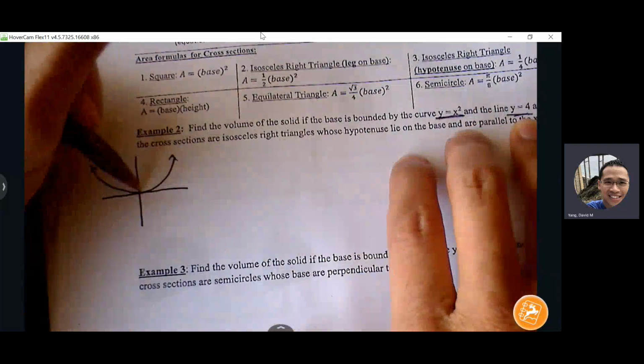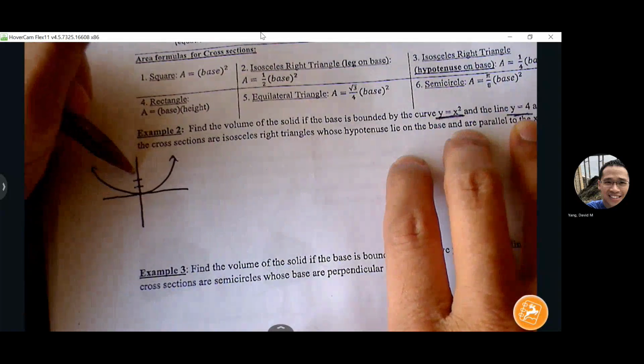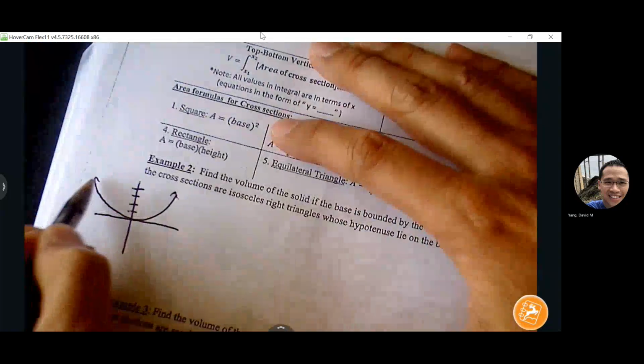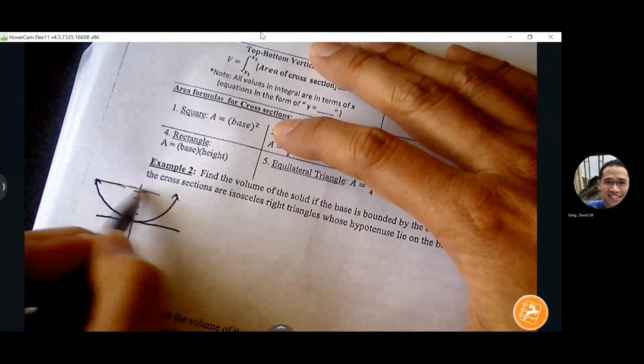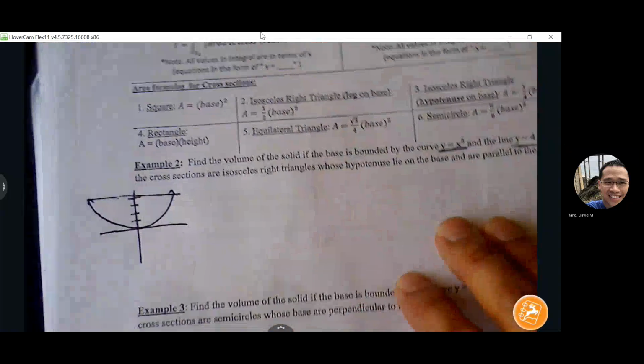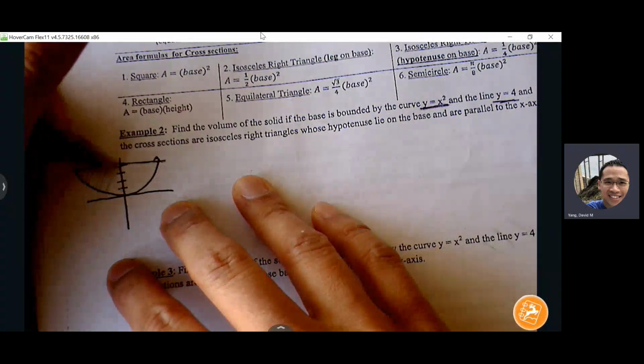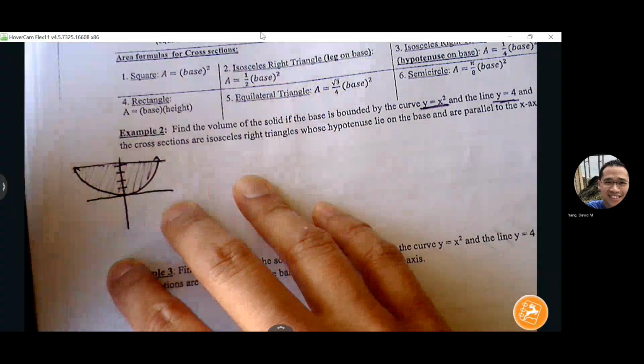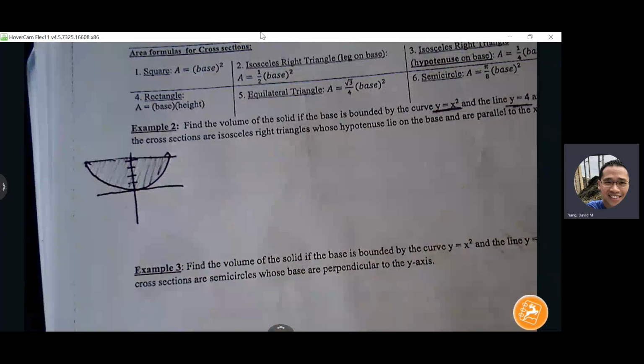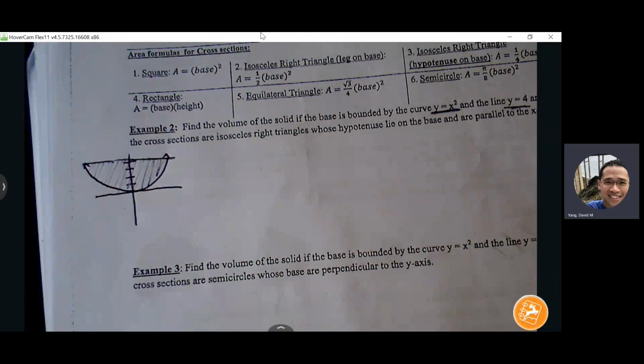Y equals 4. Okay, so make sure you know what shaded region you're working with. There's no axis of revolution. We're not rotating anything. Imagine this is the flat surface, and you're building these different shapes on top of the flat surface.